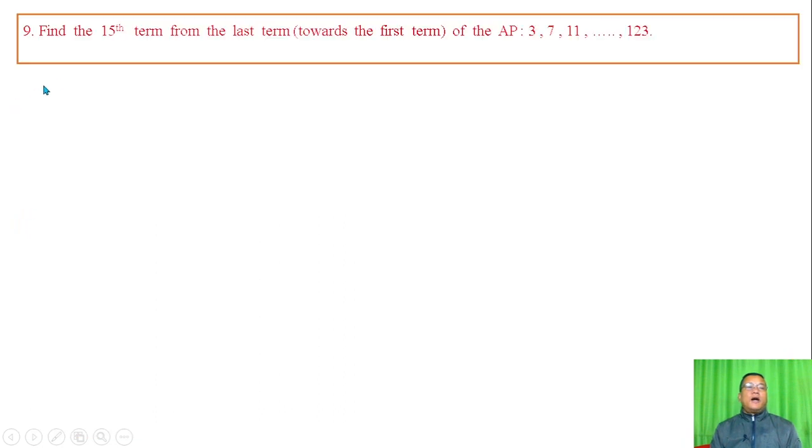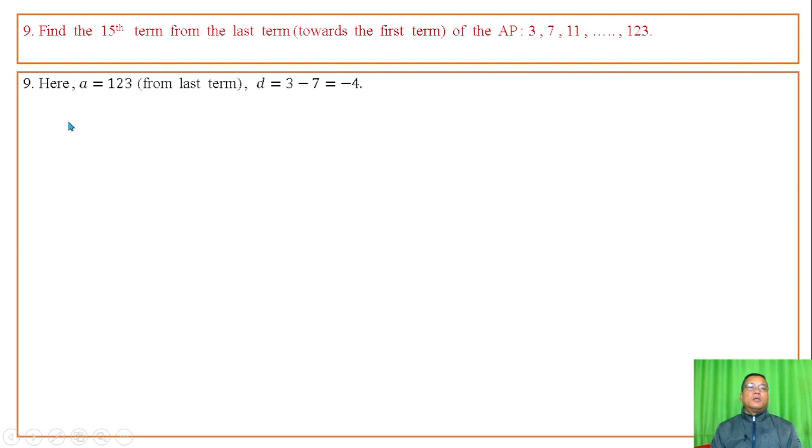Question number 9. Find the 15th term from the last term towards the first term of the AP. Here we need the 15th term counted from the last. Here A is 1, 2, 3, the last term is the first term, and D is obtained by taking the last second term minus the last term, that is minus 4. In the reverse the sequence is the same.